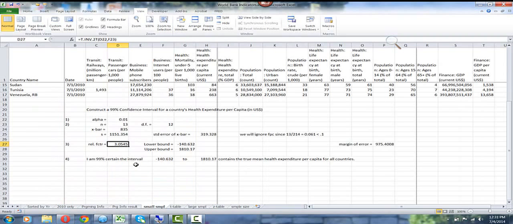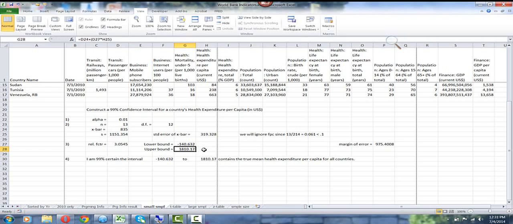And so now you've got everything. You've got all the pieces to the puzzle. You just then take X bar 835 plus the 3.0545, the reliability factor, times the standard error. Okay, so it includes all those. Same for upper bound, but now you're going to add the reliability factor times standard error.